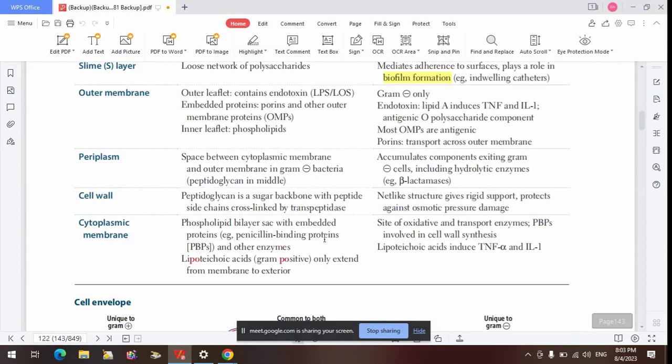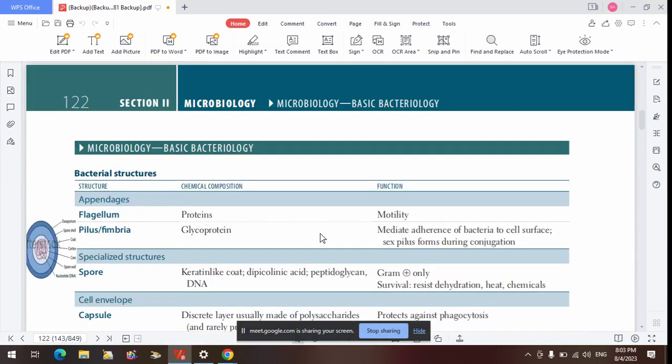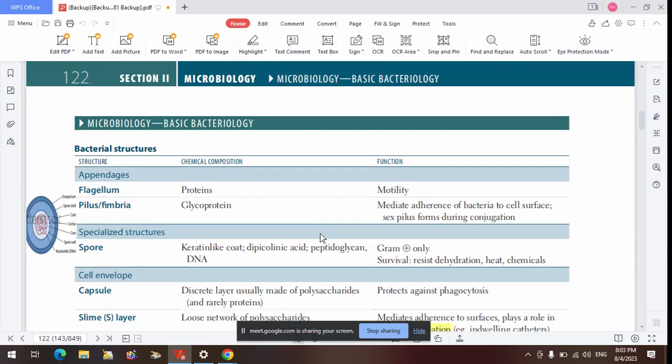Okay, please, can we all see my screen now? Yes. Okay, thank you very much. So today we're starting our microbiology, and we're starting with the basic bacteriology. I can't see your screen, please. I thought somebody said they can see my screen now. Yes, I can see your screen. Dr. Paul, it's most likely your network.